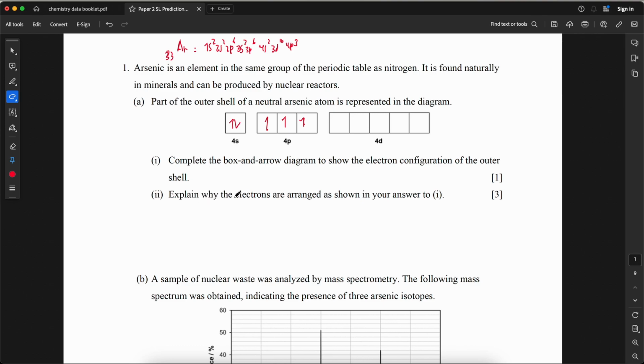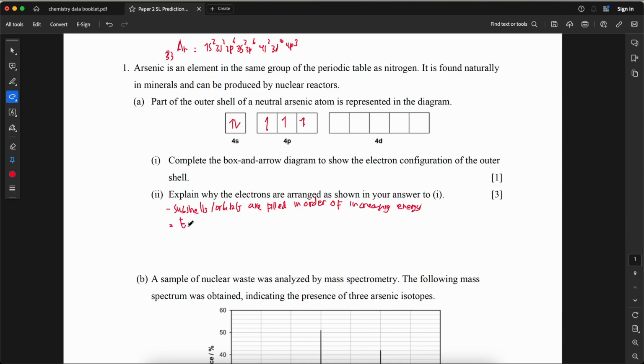Explain why the electrons are arranged as shown in your answer to 1. Subshells or orbitals are filled in order of increasing energy. As 4s is lower than 4p, we need to fill up 4s first and then 4p.